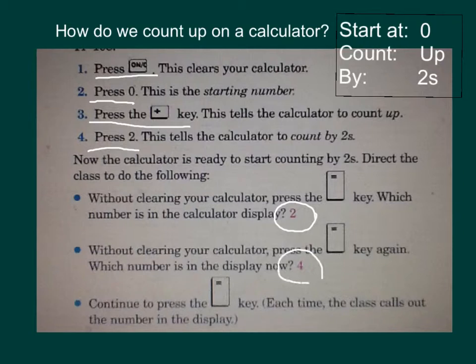It should be displaying the number 4. Let's continue to press the equals key without pressing clear or any numbers and call out the numbers that come up on our display.